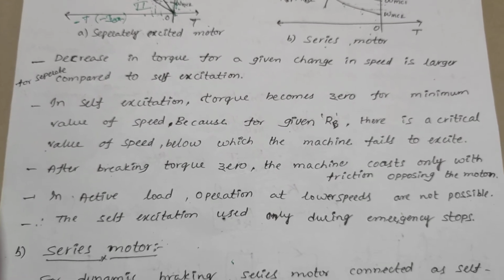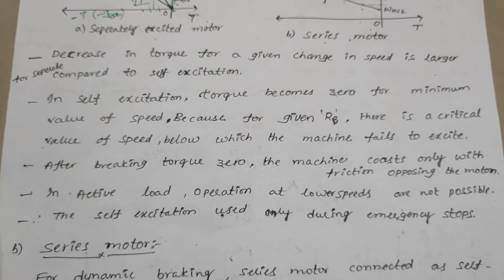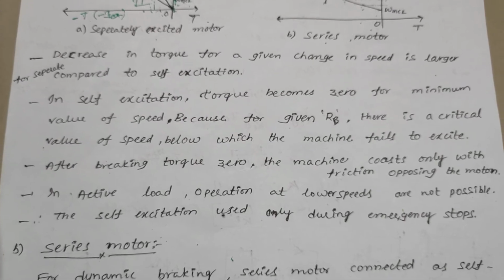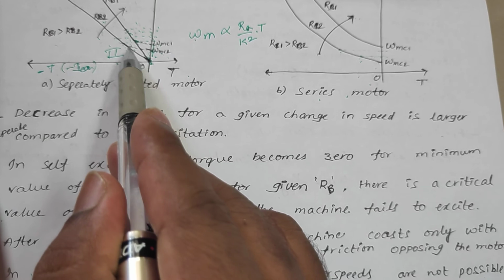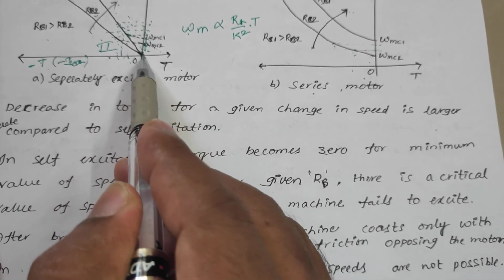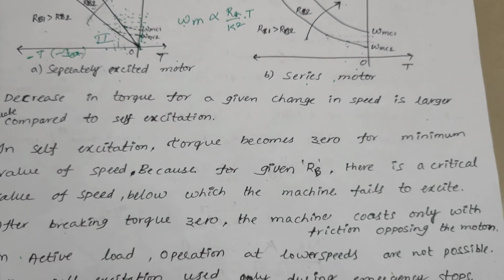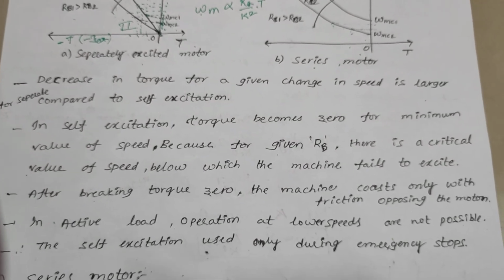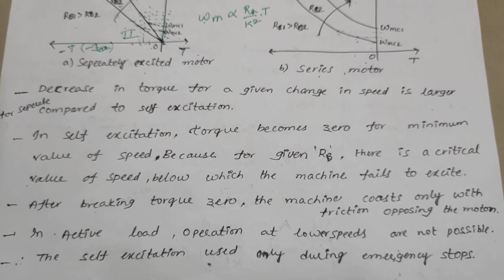Above that speed only, the machine will get into self-excitation. In the self-excitation case, the dotted line goes to the minimum speed, but there torque is equal to 0. After your torque becomes 0, if you don't have any other opposing torques, then the machine has to be opposed by its own friction alone.